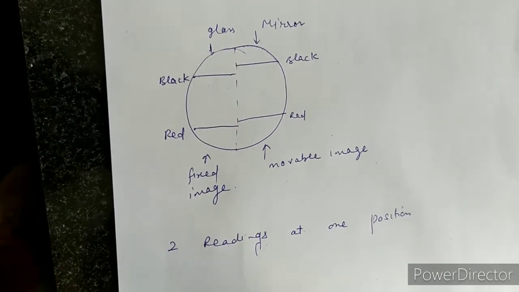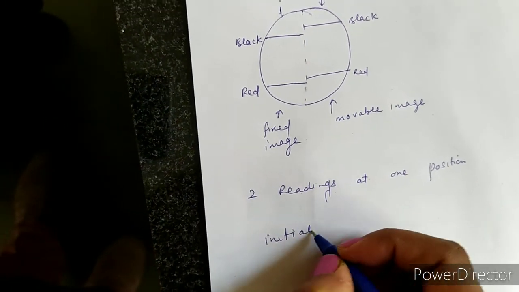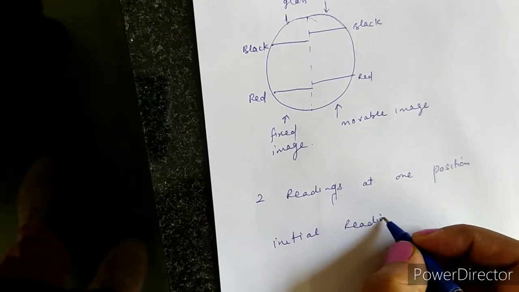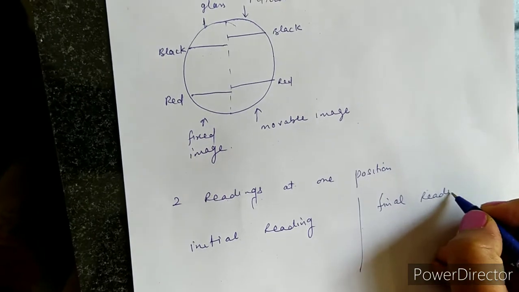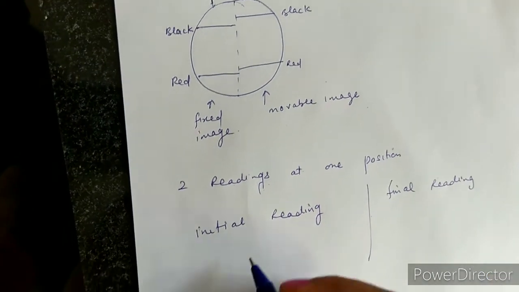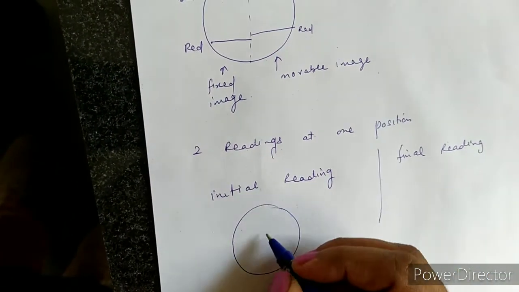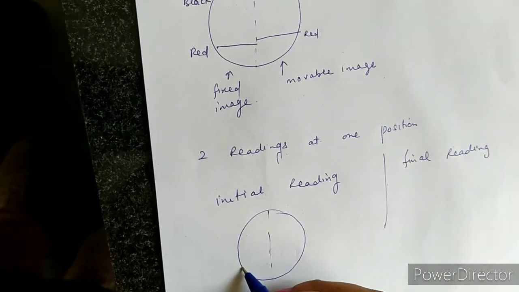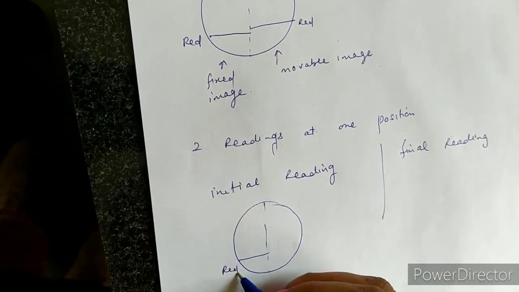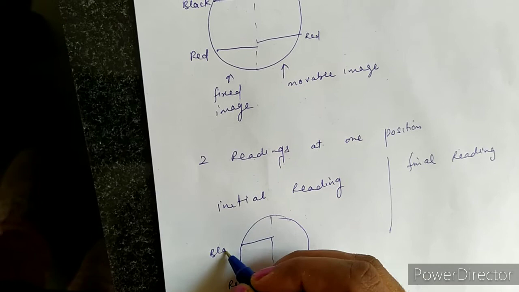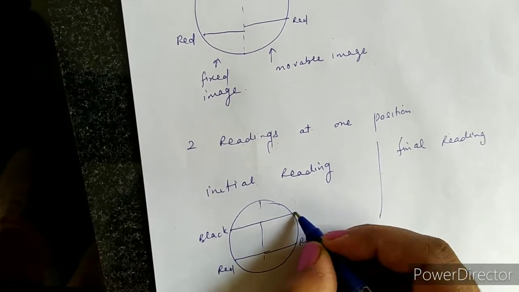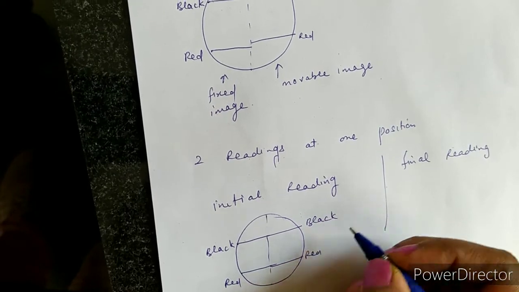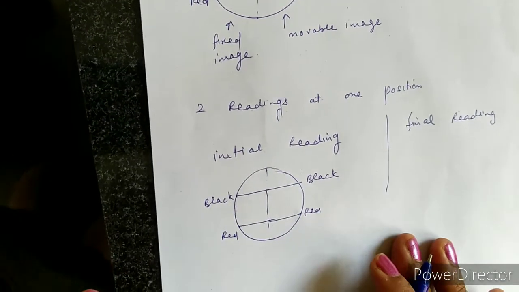Now, two readings at one position. Two readings means the initial reading and then the final reading. The initial reading is when the red coincides with the red on the right side and the black coincides with the black on the right side. This is the initial reading.